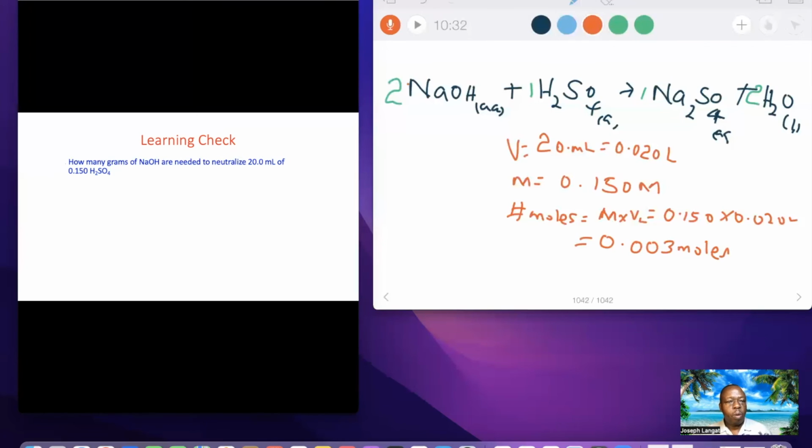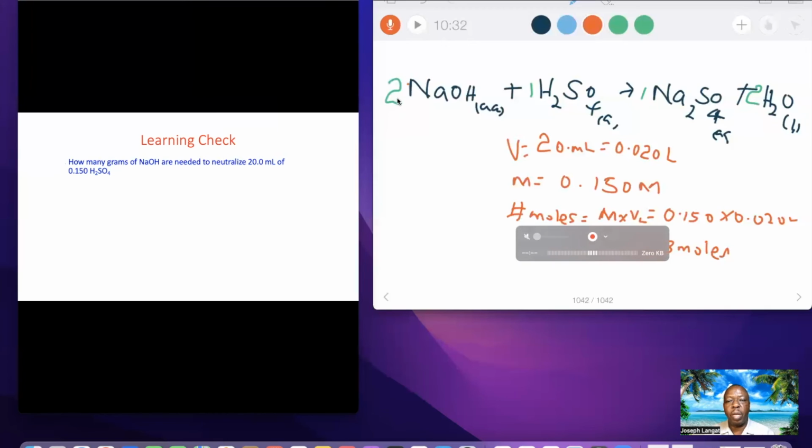So I know how many moles of sulfuric acid are in 20 ml, and I had to change to liters because of the units of molarity, moles per liter. So we use the mole ratio to try to fill in this portion for reagent 1. We know for reagent 2 the volume, the molarity, the number of moles. And what we use is the mole ratio.